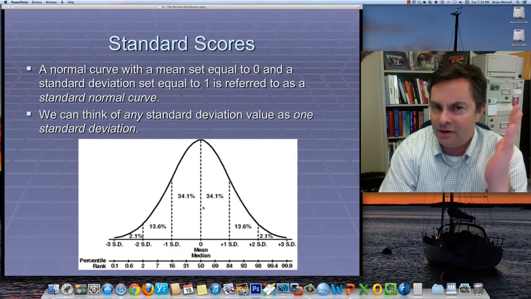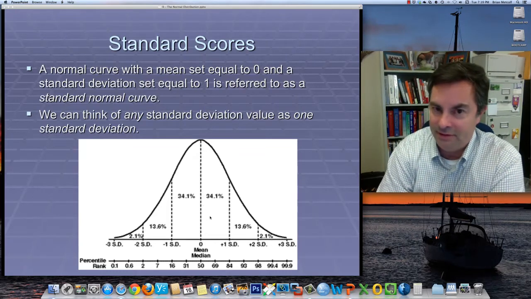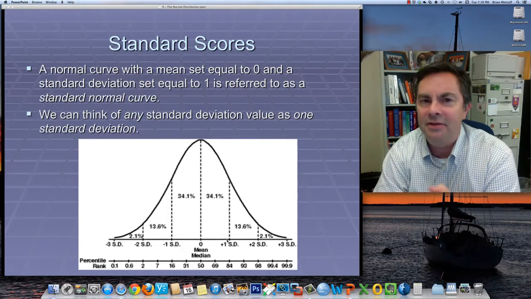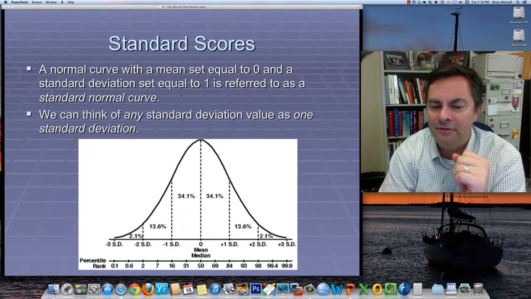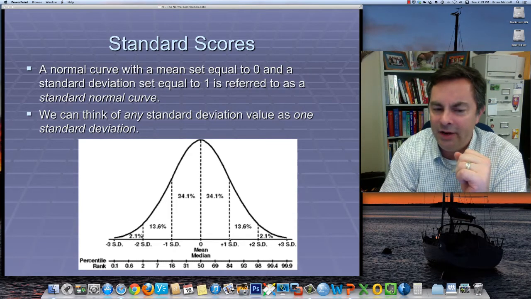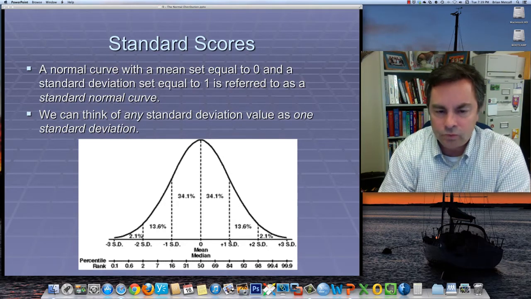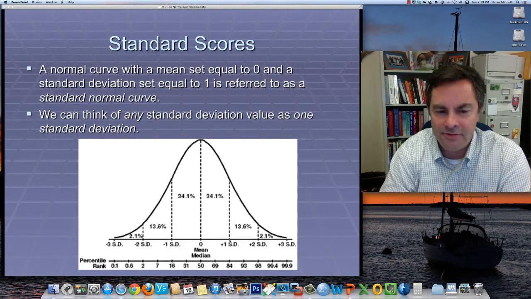Now we can use a little bit of simple math to figure out some other knowable pieces. What if I went up 1 standard deviation? What if I go up to an IQ of 115? It's not labeled, but right here would be an IQ of 115, 1 standard deviation up. What percentage of the population is that? What percentile is 115?